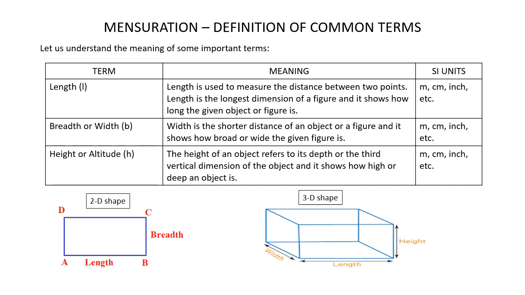The distance here is the vertical dimension of the cuboid and this distance shows how high or deep the cuboid is. So this distance represents the height. So in a cuboid, this is the length, this is the width and this is the height.